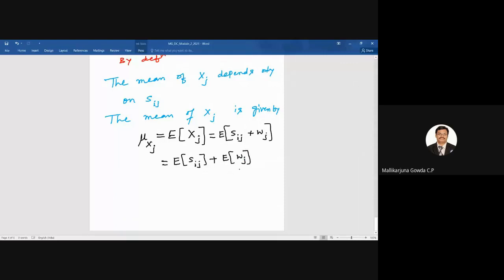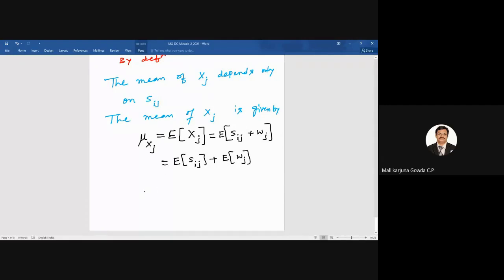So can I say mu xj is equal to Sij? Is that fine? Yes, because the mean of the Gaussian random variable Wj is 0.